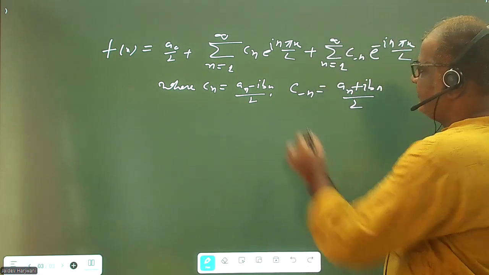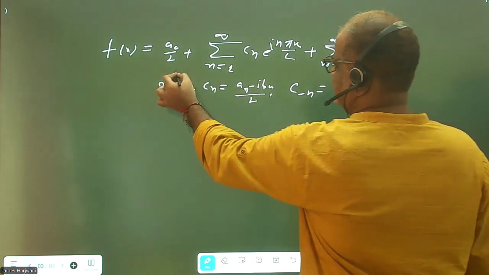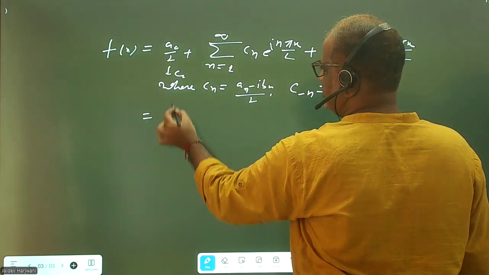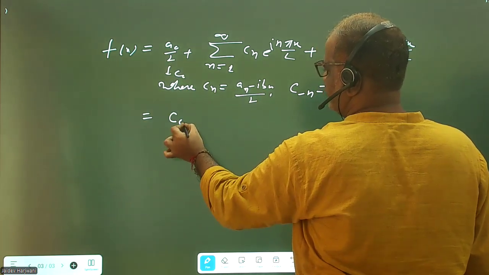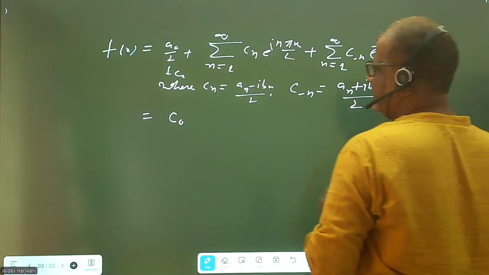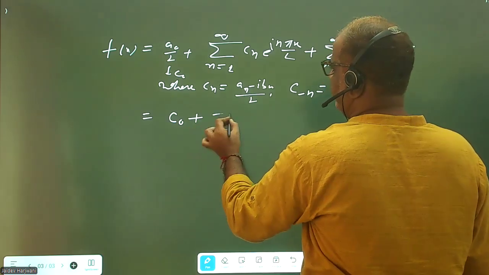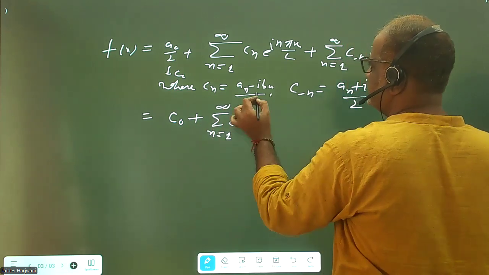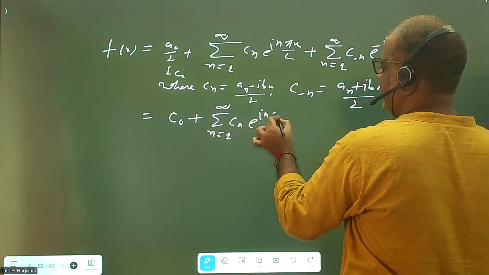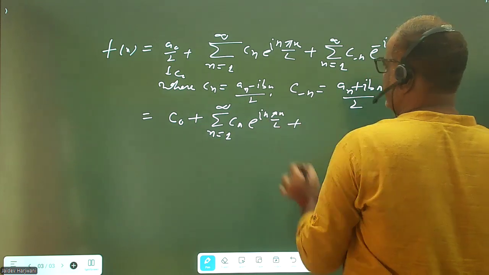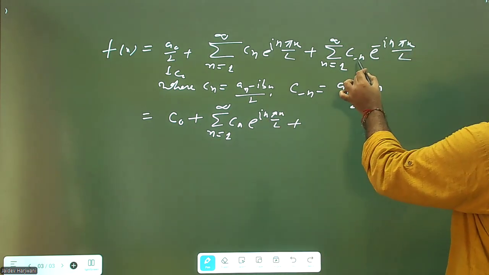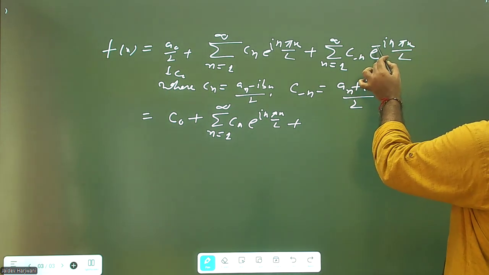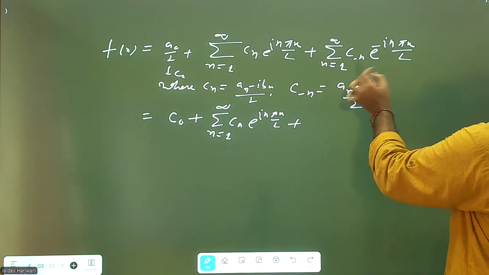Now if I expand this series, I say this a0 by 2 is c0, so this coefficient becomes c0. And you have here the sum from n equal to 1 to infinity of cn: c1, c2, times e power iota n pi x upon L, and if you put n equal to 1 here, this becomes c minus 1, then c minus 2, c minus 3.